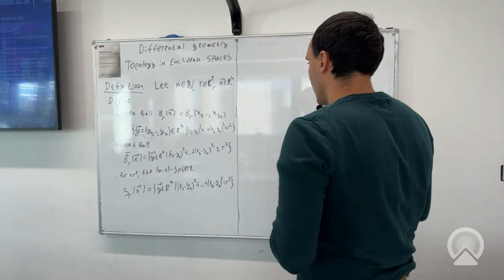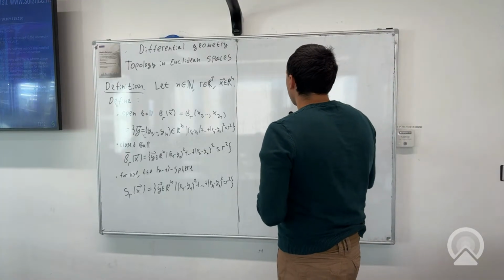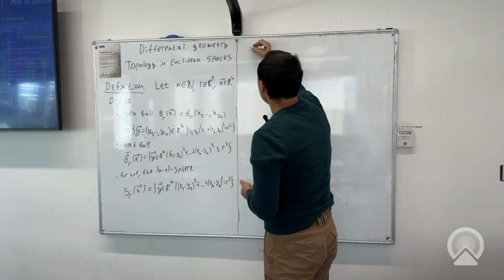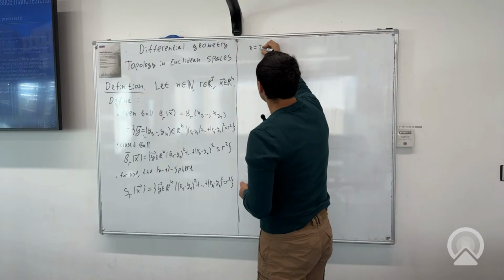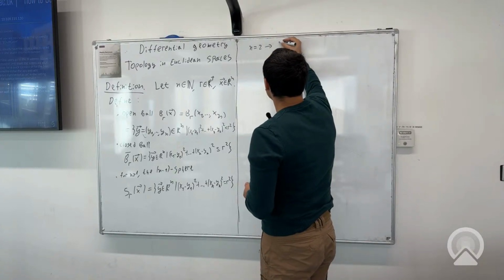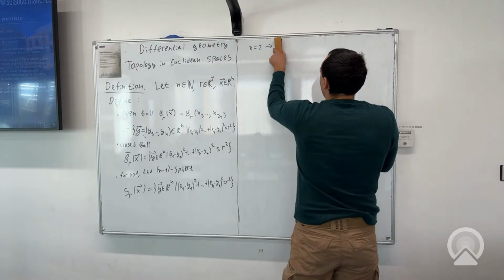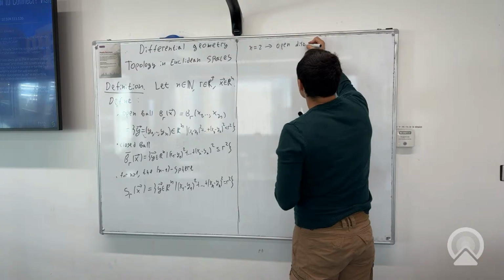So just for n equals 2, we get an open disk, a closed disk, and a circle.